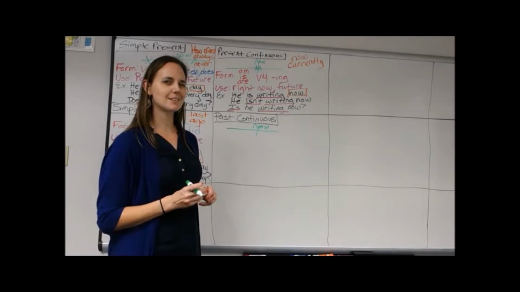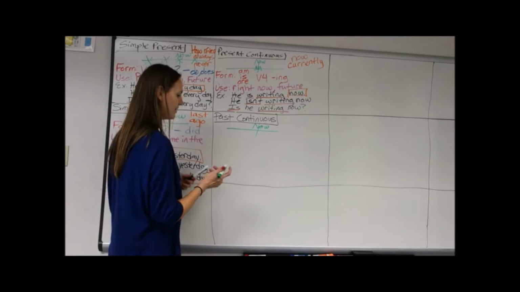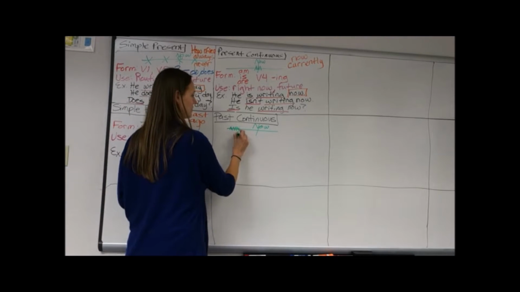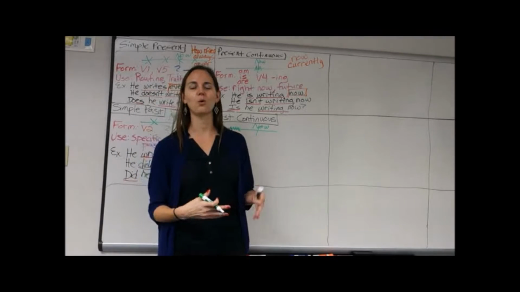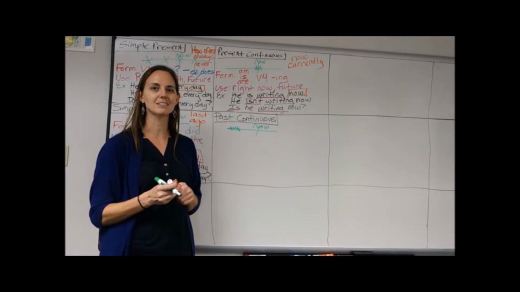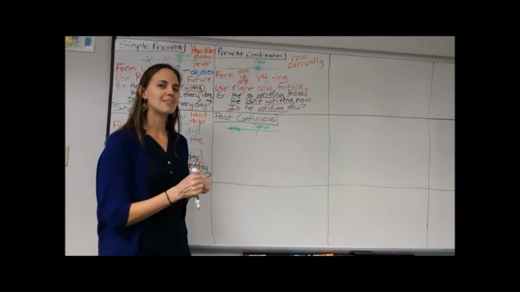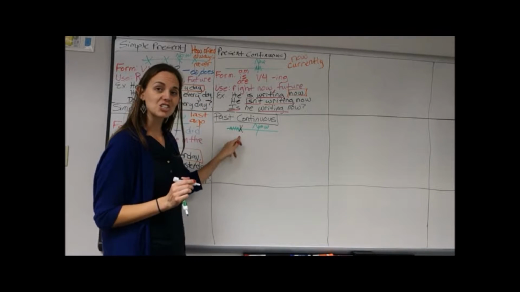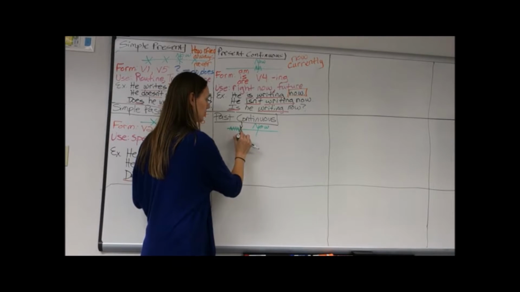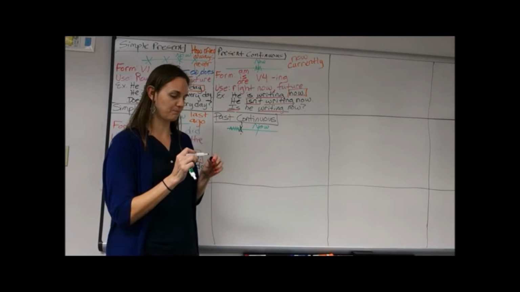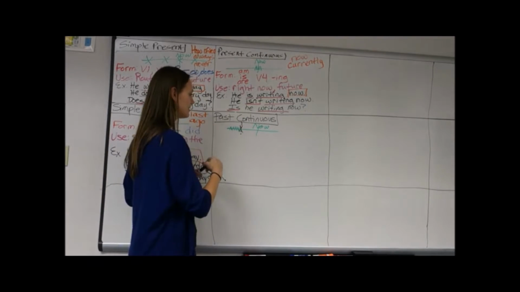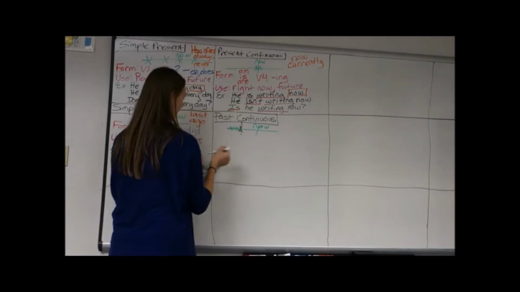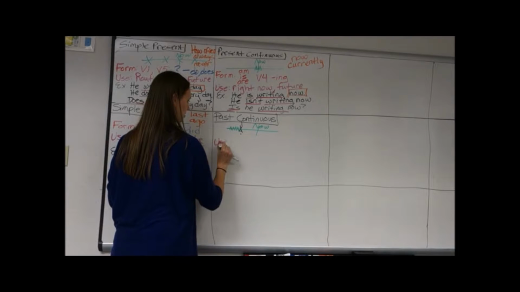Well, this one gets a little interesting because this is, of course, talking about one event that was continuing or in progress in the past. But usually this is in relation to another action or another time. We're talking about what happened in connection to something. So that is in fact our use for this form.